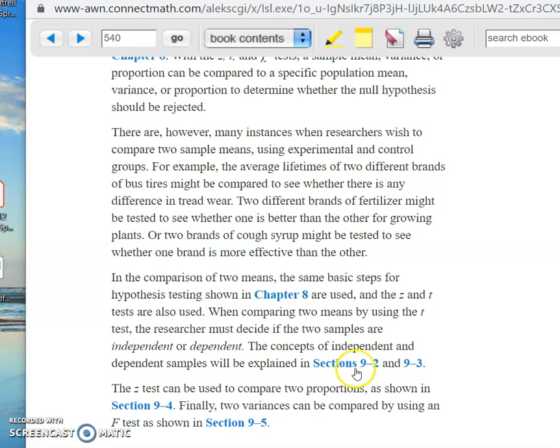So that's going to be sections 9.2 and 9.3. 9.2 is the t-test when they're independent, and 9.3 is when the samples are dependent, okay? And then in section 9.4, we're going to talk about the z-test. And then in section 9.5, we're going to talk about the variances.